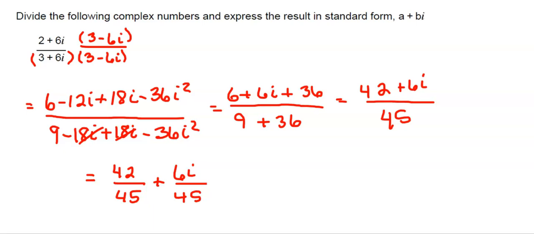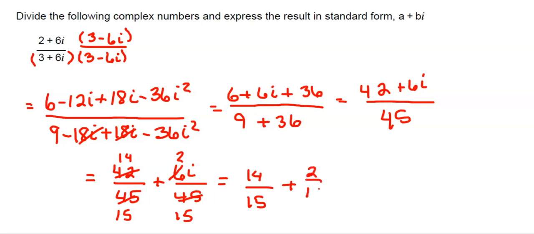We've got a 42 and a 45. 3 will go into both of those. 3 goes into 45 15 times. 3 goes into 42 14 times. So that's 14 fifteenths. And then in the second fraction, 3 goes into 6 twice, and 3 goes into 45 15 times. So we have 2 fifteenths times i. So now we have our answer in standard form.